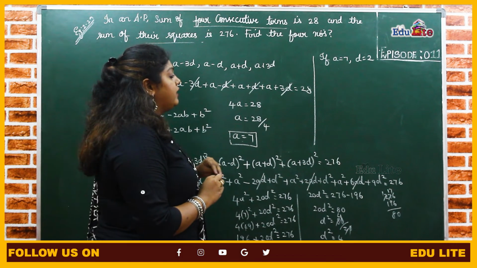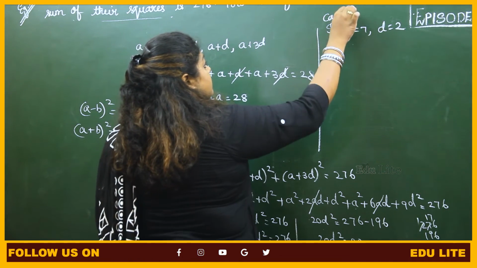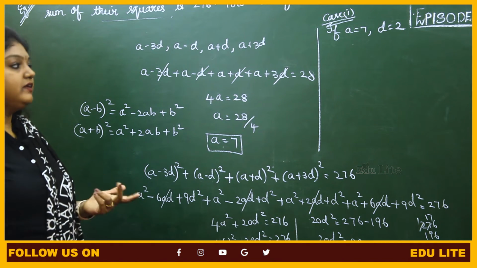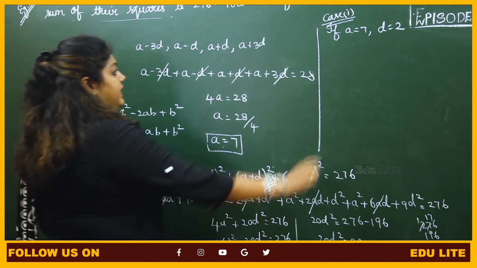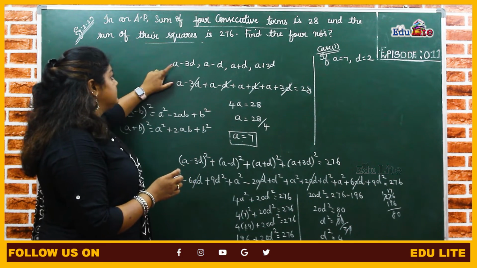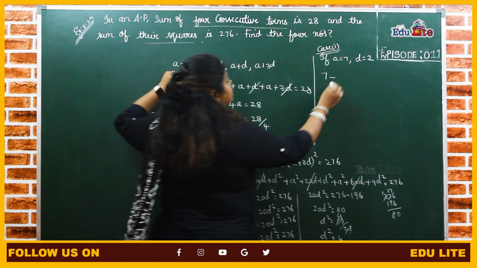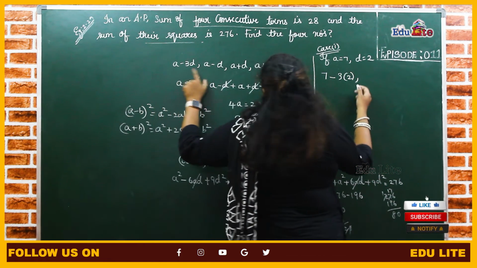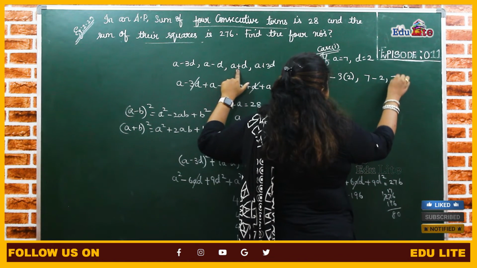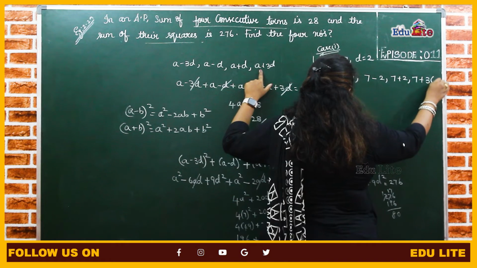And in the second case, we will consider the A value as 7 and the D value as minus 2. For case 1, A equals 7, D equals 2, we will substitute in the 4 consecutive terms. So 7 minus 3 into 2, comma, 7 minus 2, 7 plus 2, 7 plus 3 into 2.